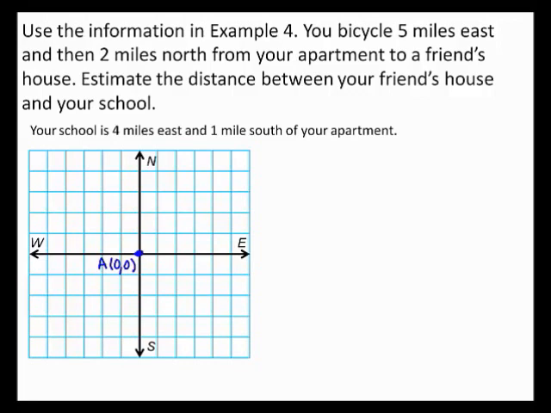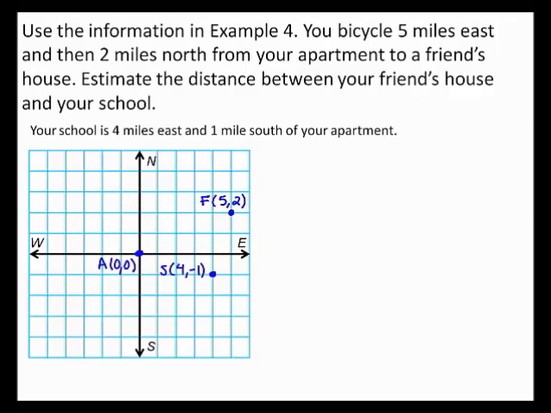This location can be represented on the coordinate plane by the point S(4, -1). Also, in this problem, you are told that you bicycle 5 miles east and then 2 miles north from your apartment to a friend's house. This location can be represented on the coordinate plane by the point F(5, 2).